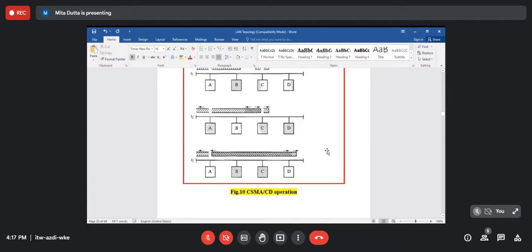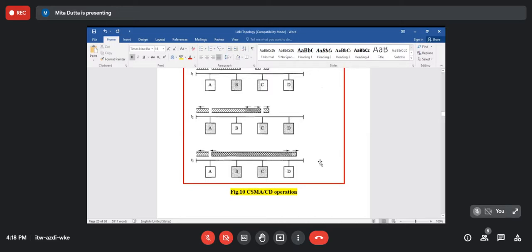Whereas in case of wireless LAN, it is very difficult to find out the collision. So there also is a collision, but their protocol is built in such a way, it is CSMA/CA, that means carrier sense multiple access collision avoidance.